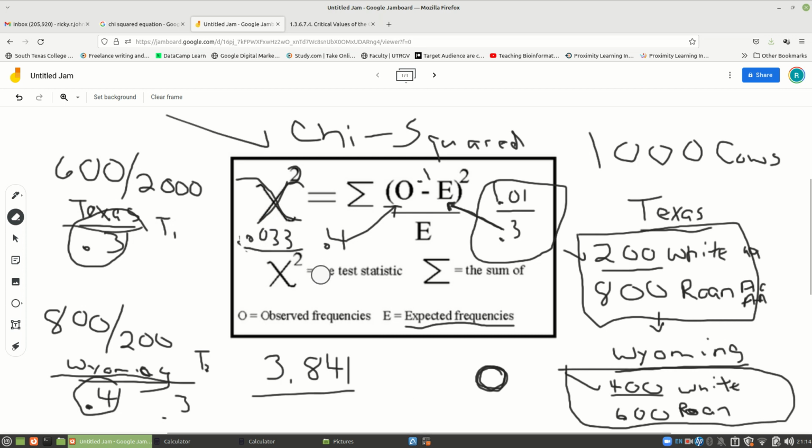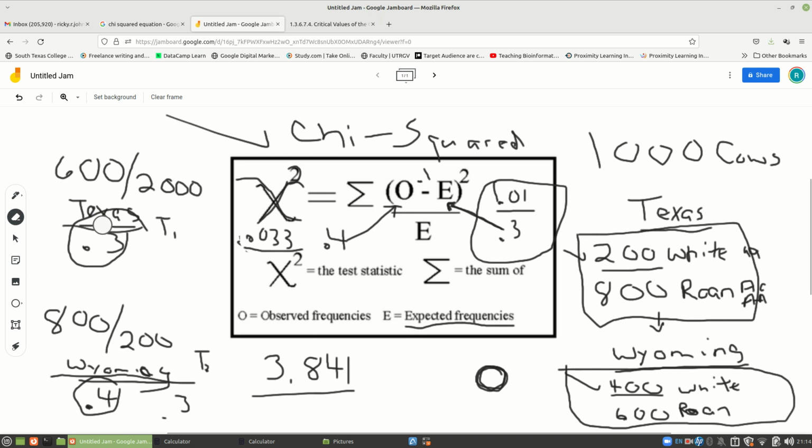If you have a hypothesis, your hypothesis is we moved from Texas to Wyoming and the number of cows increased. Did it increase in a large enough amount for it not to just be random fluctuation? You can't just say that it did. It looks like it did, but did it really?